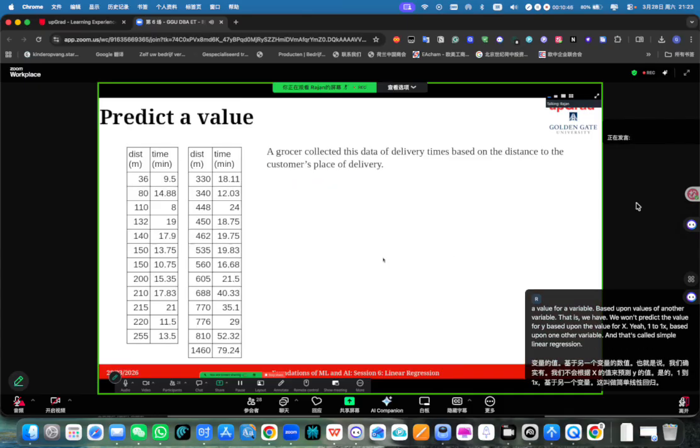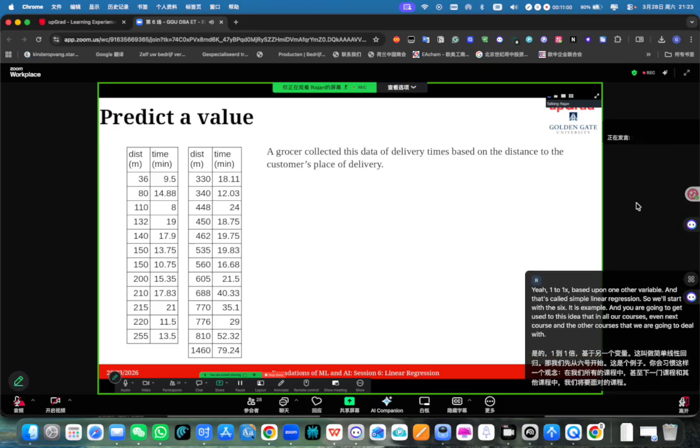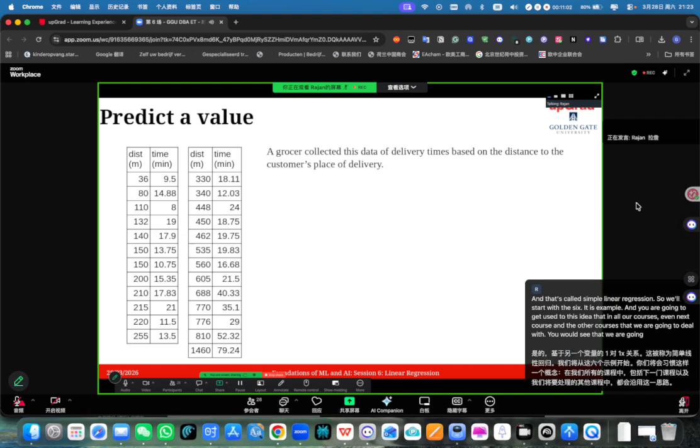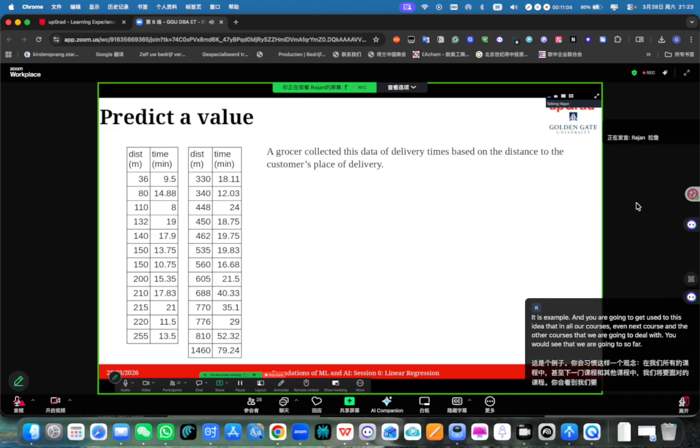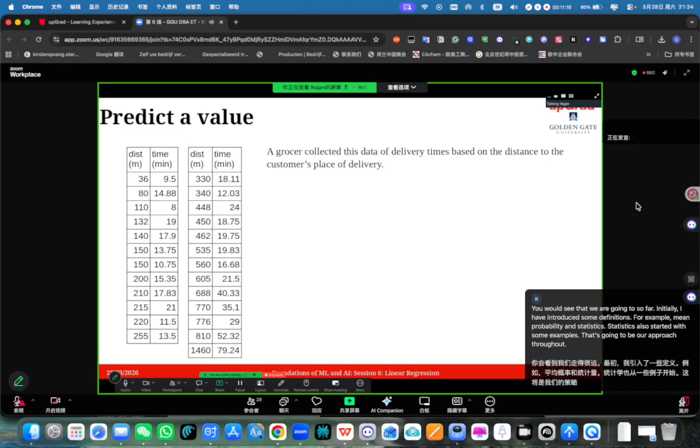You are going to get used to this idea that in all our courses, we start with examples. In probability and statistics also I started with some examples. That's going to be our approach throughout, in every course. So I'm going to start with this example.